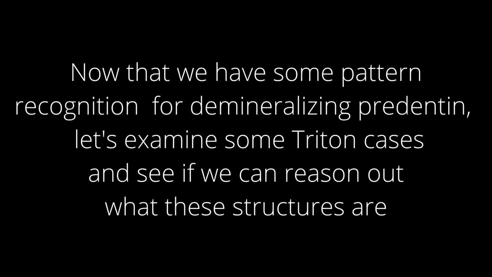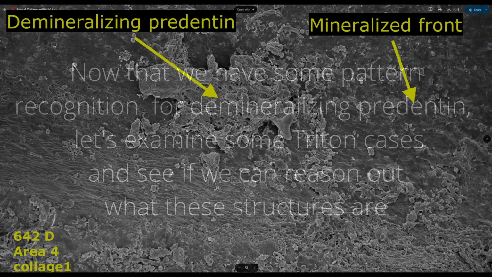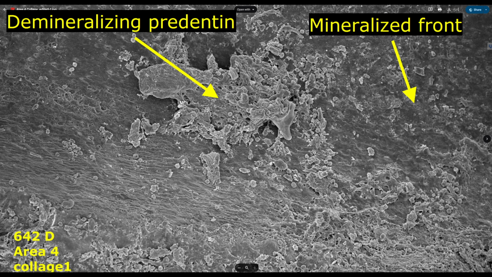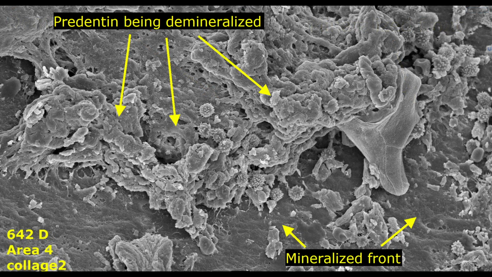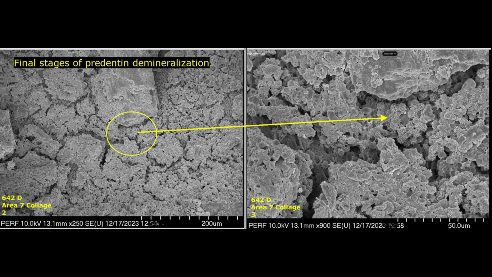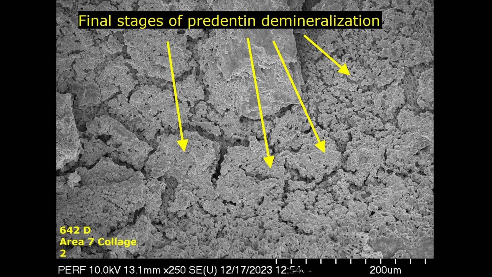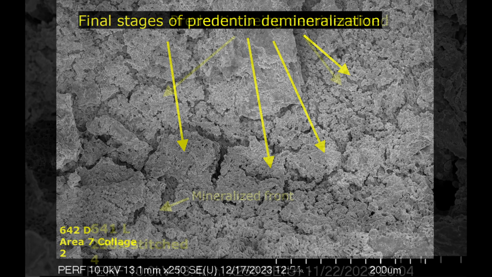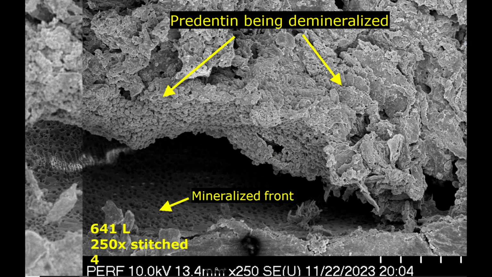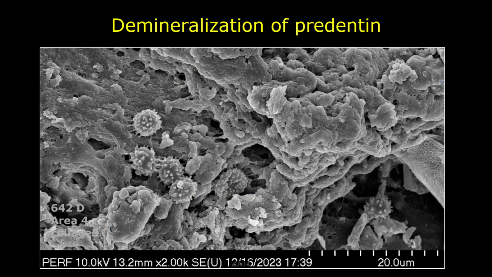So now let's take a look at some Triton cases and see how they're different. Here's a Triton case, and you can see demineralizing predentin, and you see those cellular-like structures there. You can see that this demineralization is not very uniform, and it's different in different places. There you can see the layer-like structure of it.